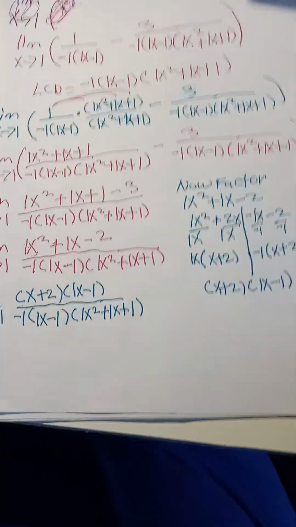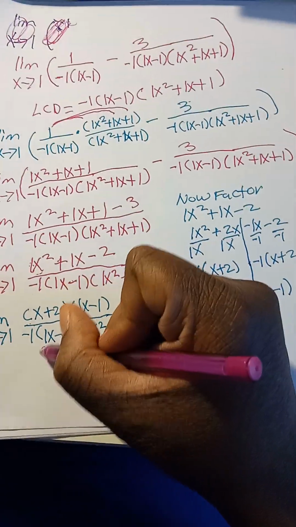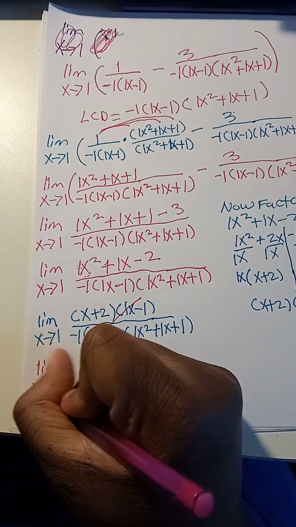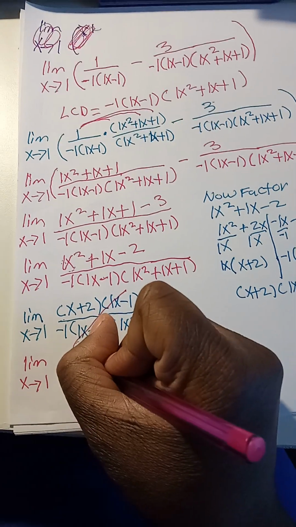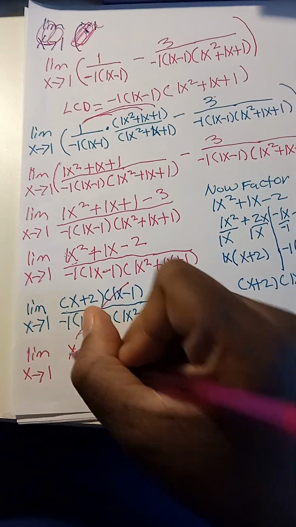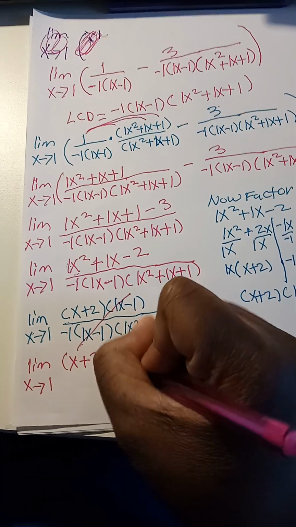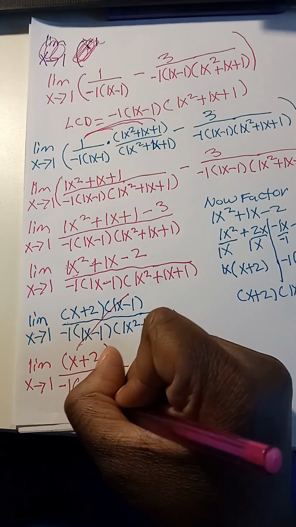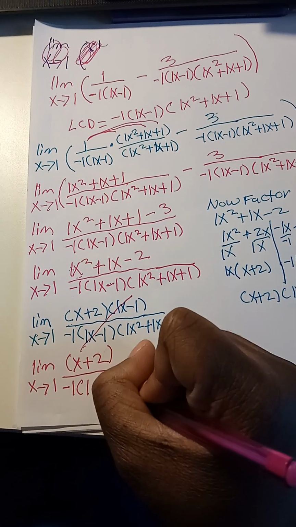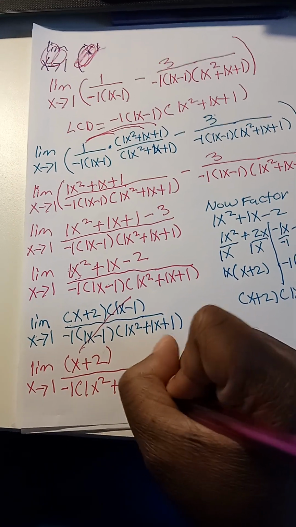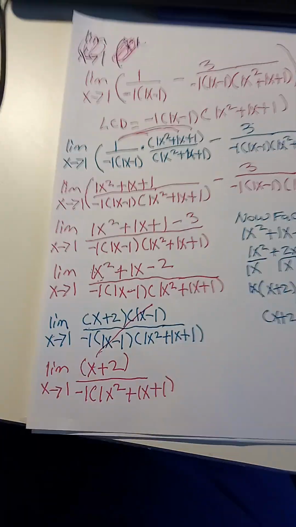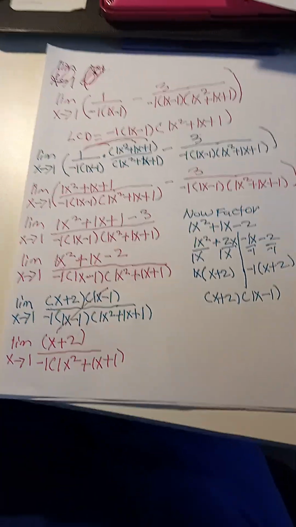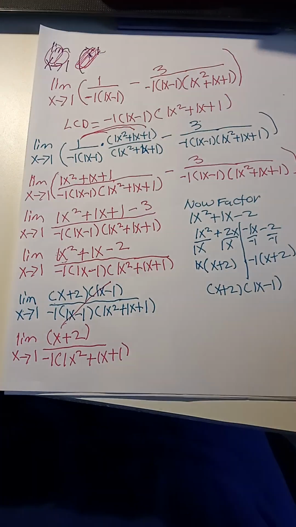And now we see a factor that cancels out, and that is 1x minus 1. So the limit of x goes to 1 of x plus 2 divided by negative 1 times 1x squared plus 1x plus 1. And so now we can begin to substitute 1 into the equation shortly.